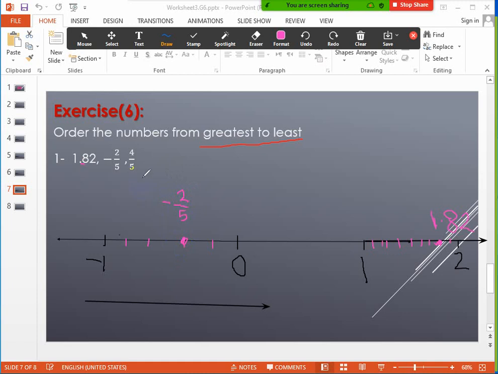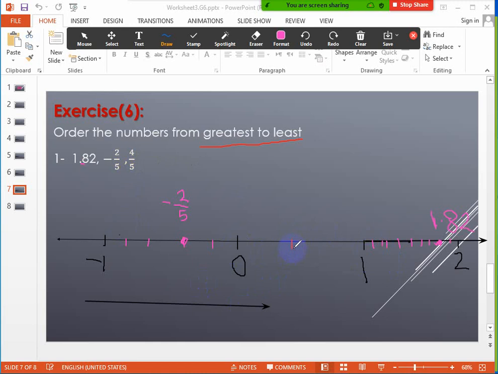Okay, now the last one, 4 over 5, where will it be, on the right side or on the left side of 0? On the right side. So it will be between which two numbers? 0 and 1. I have to divide this distance into 5 equal parts.